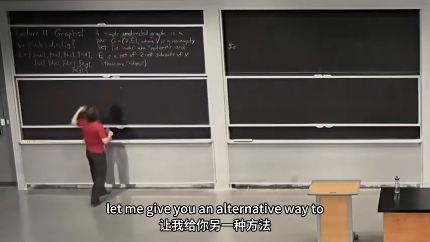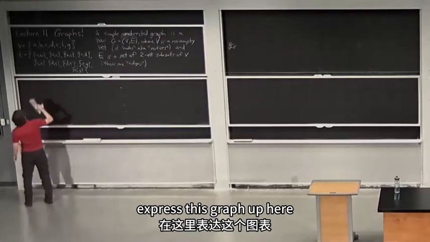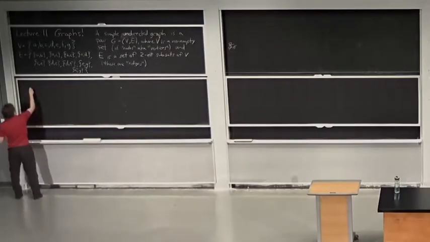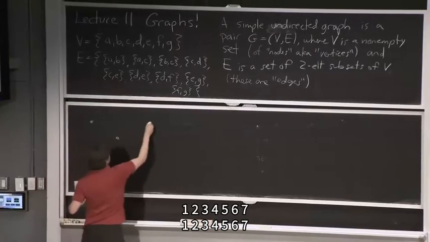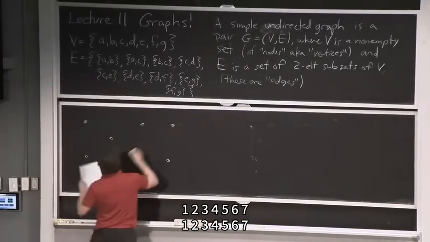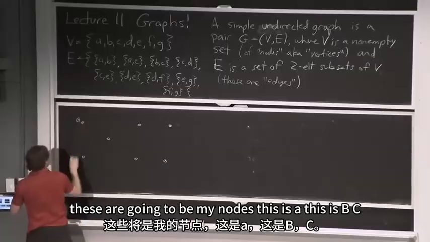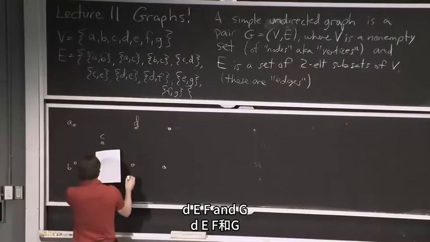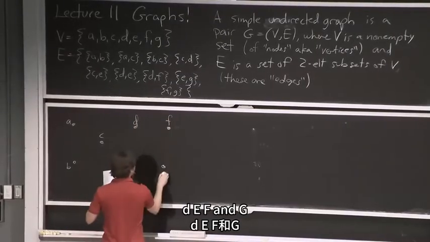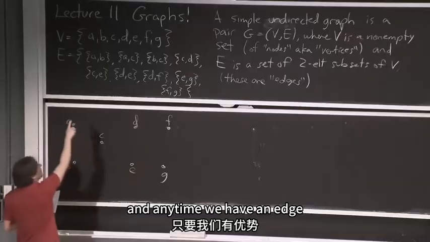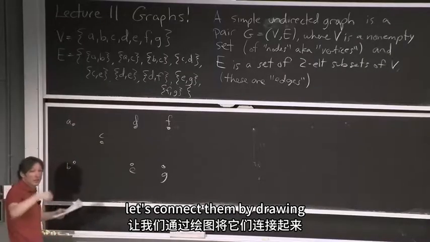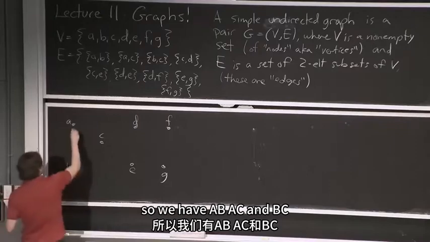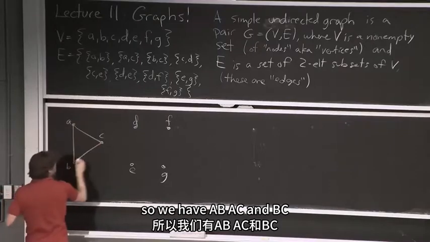Let me give you an alternative way to express this graph up here. 1, 2, 3, 4, 5, 6, 7. These are going to be my nodes. This is A, this is B, C, D, E, F, and G. And anytime we have an edge, let's connect them by drawing an arc between them. So we have AB, AC, and BC.